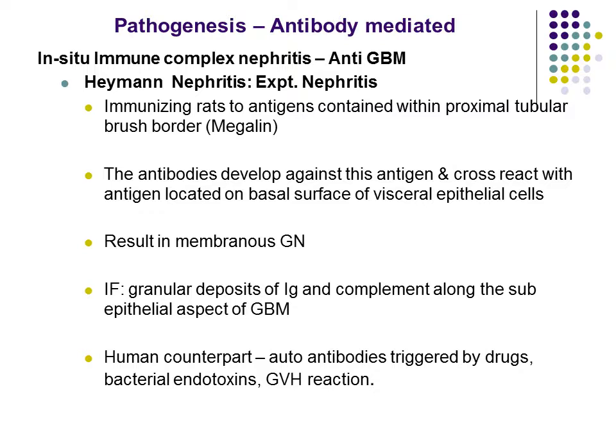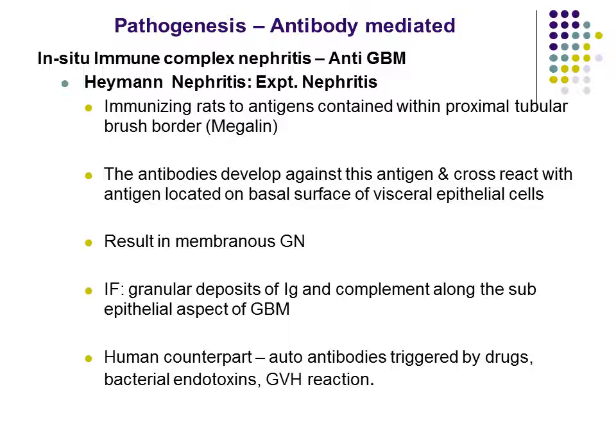Another example of in situ immune complex nephritis is Heymann's nephritis. In this, the rat was immunized with antigen containing proximal tubular brush border. This antigen is megalin. Antibodies are produced to this megalin, or Heymann antigen, and these cross-react with the antigen located on the basal surface of the visceral epithelium, causing damage to it and resulting in membranous glomerulonephritis.